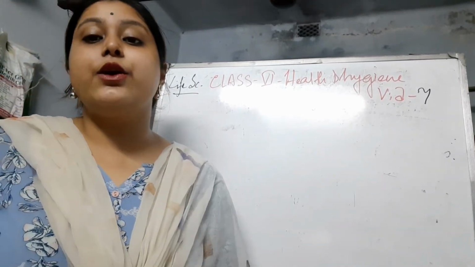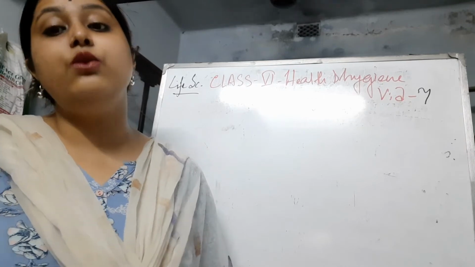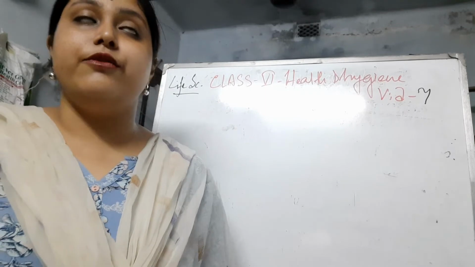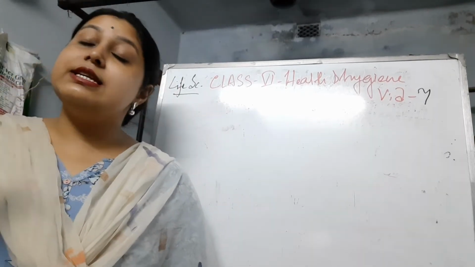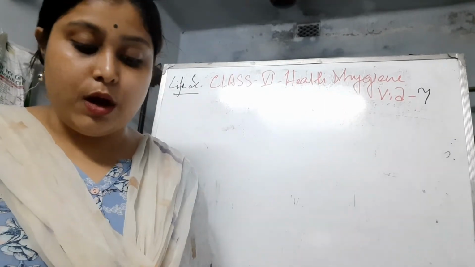In this video we are going to learn in detail how diseases can be spread by insects or other animals. We are going to know what vectors are and how they work.